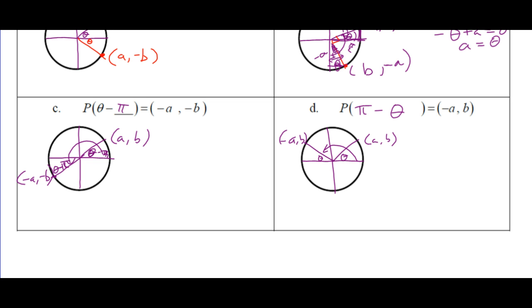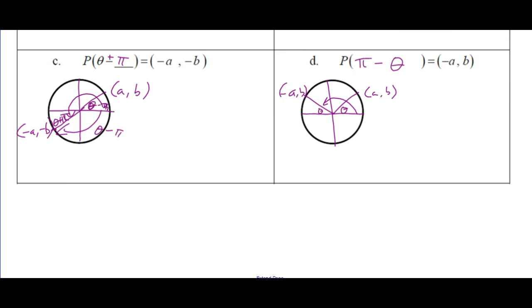Yeah. Now, really, this could be plus or minus pi. Right. So theta plus pi this way, theta minus pi this way. Theta minus pi, that's theta plus pi. Okay. We're done with that page.